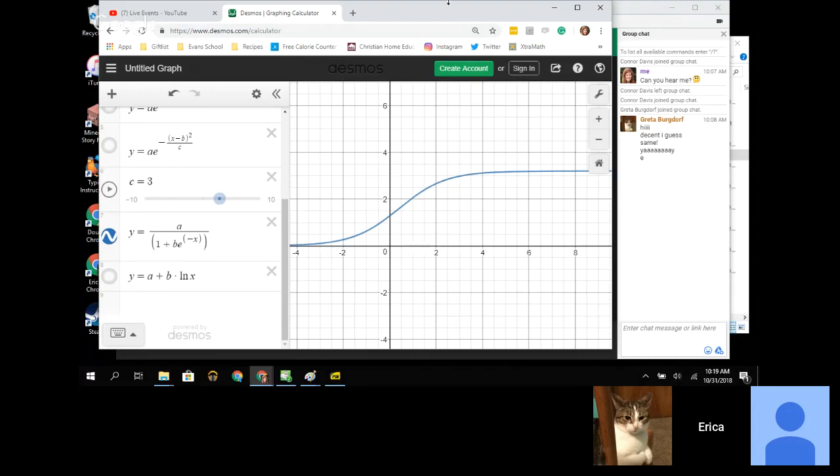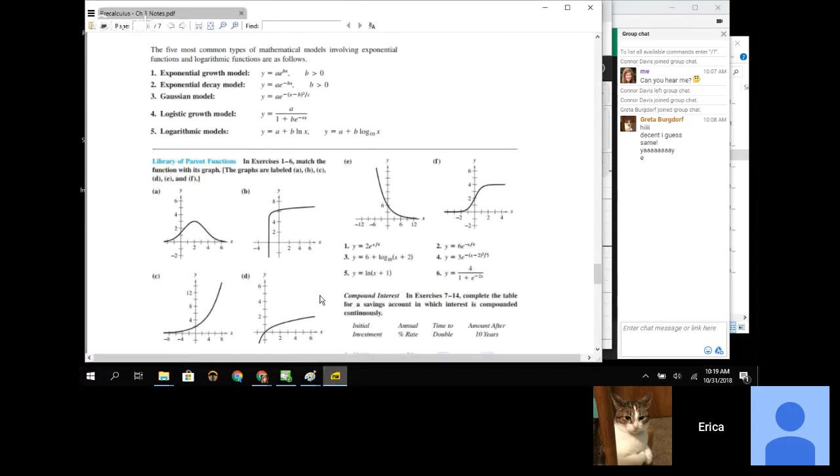Okay, so if I flip back to my notes for homework 1 through 6, if I wanted to match these up, A would be a Gaussian model, your bell curve. B and D would be logarithmic models. C would be exponential growth, E would be decay, and this would be a logistic growth model.